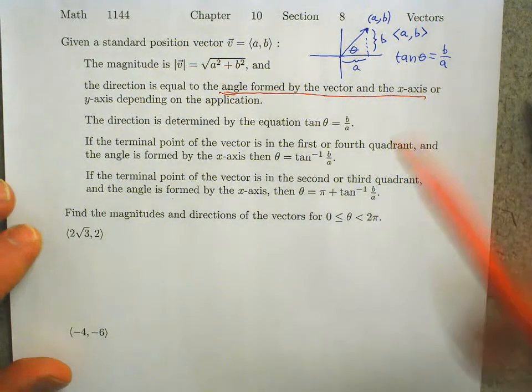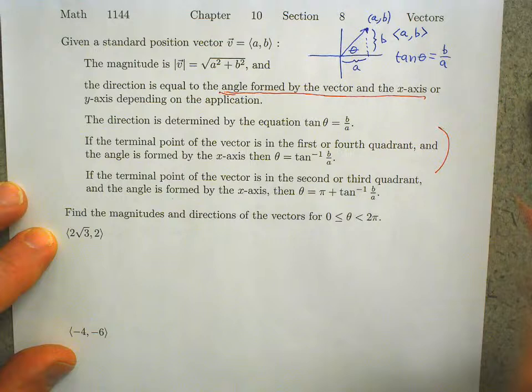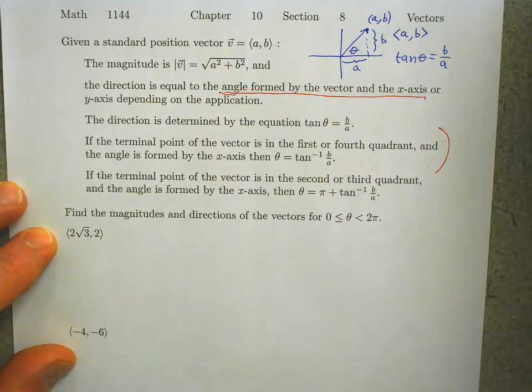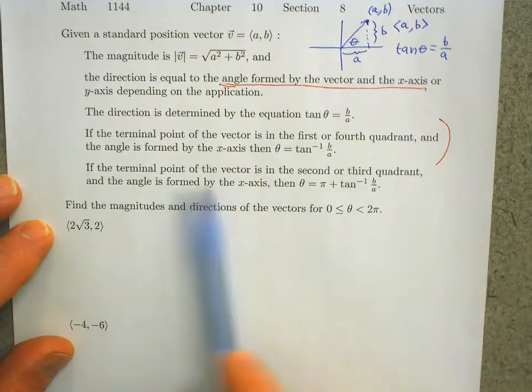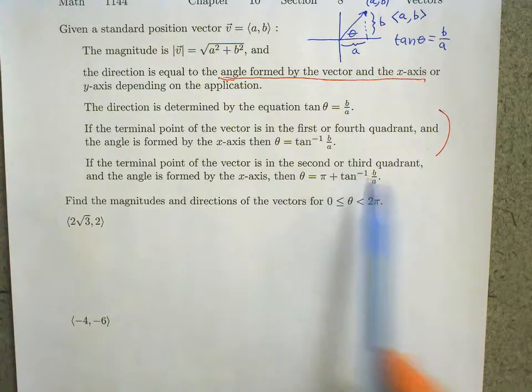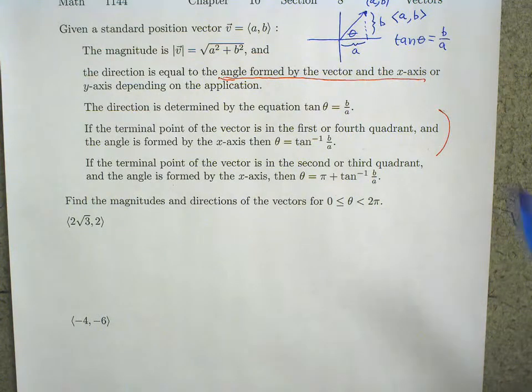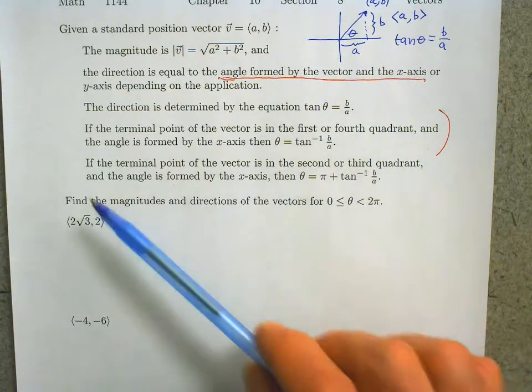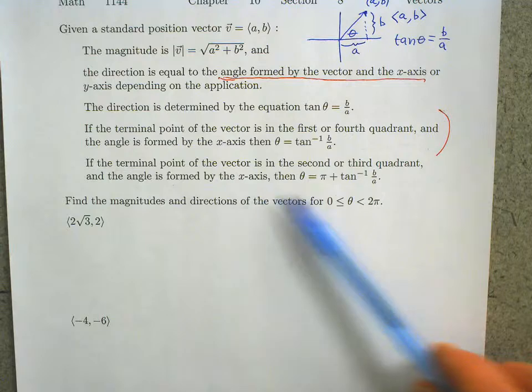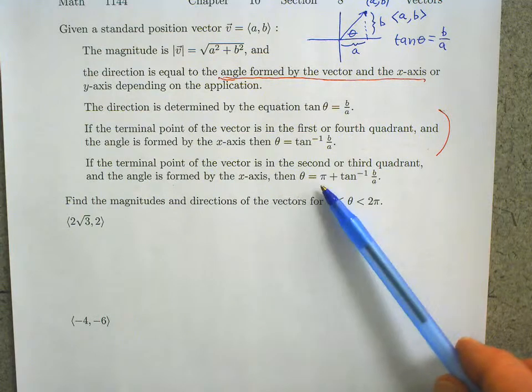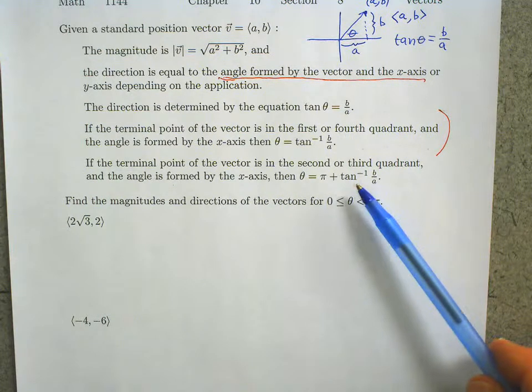There's a note that I should make about this a little later. If the terminal point of the vector is in the second or third quadrant, and the angle is formed by the x-axis, then theta is equal to pi plus the inverse tangent of b over a.